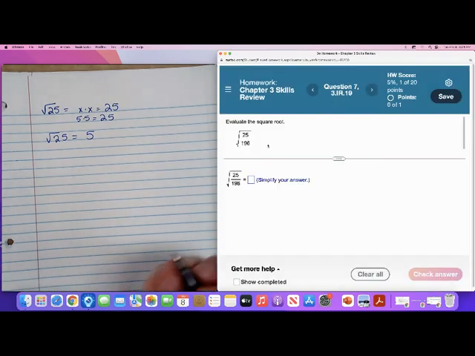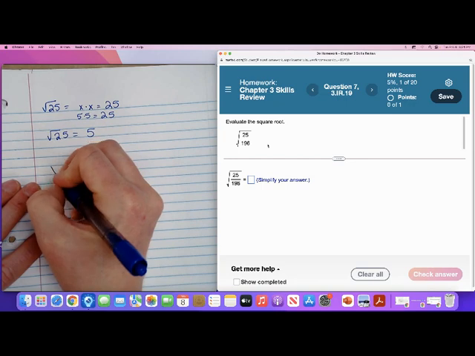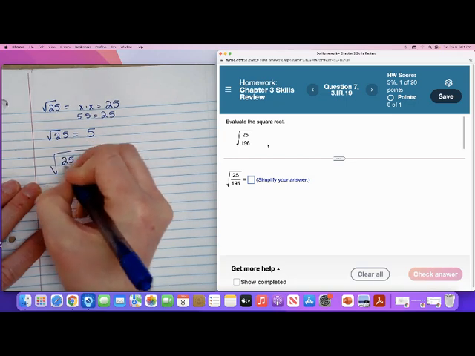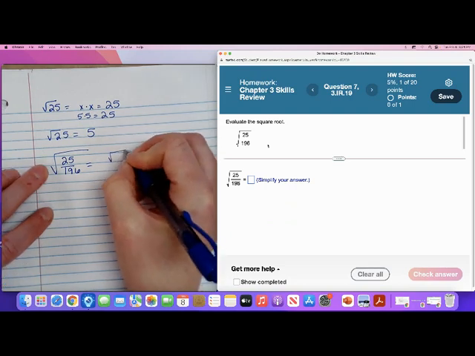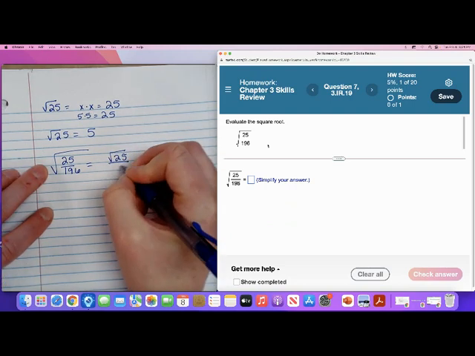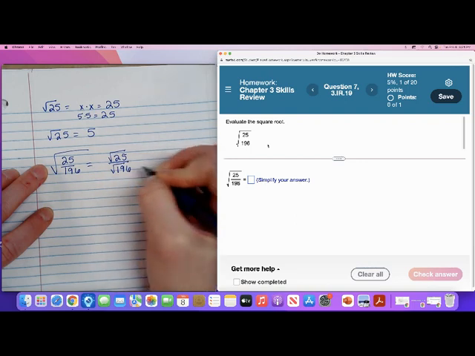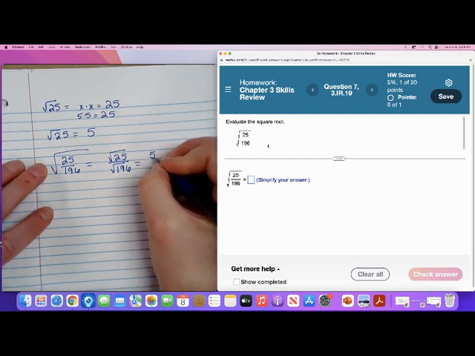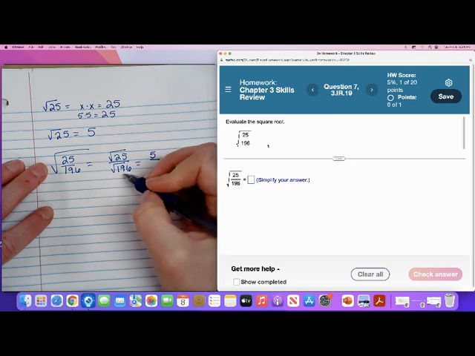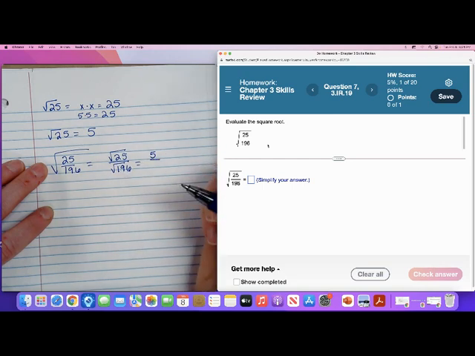All right. If we have a square root of a fraction like this one, you need to take the square root of the numerator and the square root of the denominator. You can actually separate out like this. So we already found the square root of 25 is 5, because 5 times 5 is 25. Now what times itself gives us 196?